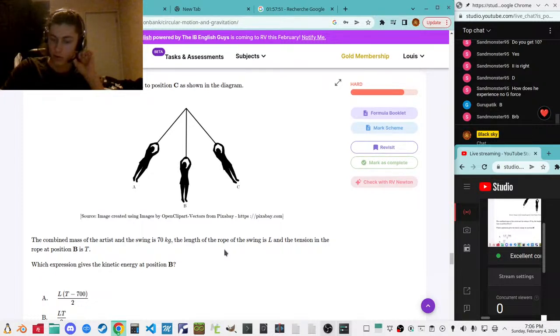I guess you can do v squared at this point equals a times r. What is a though? You have nothing in this thing. You have the length and the tension. This is horrible. You have the length and the tension.